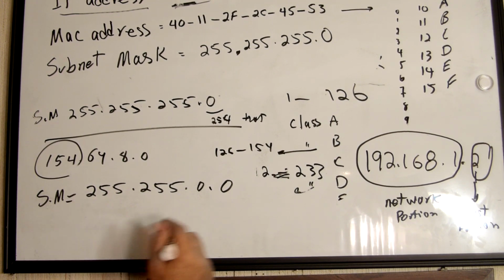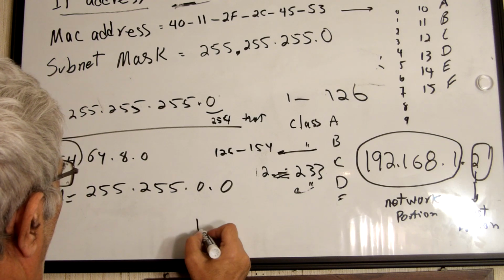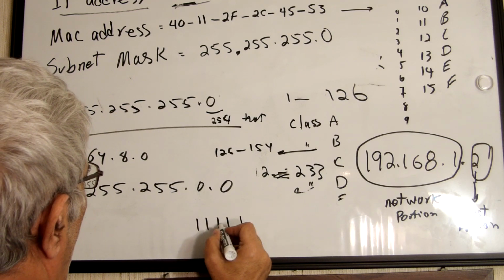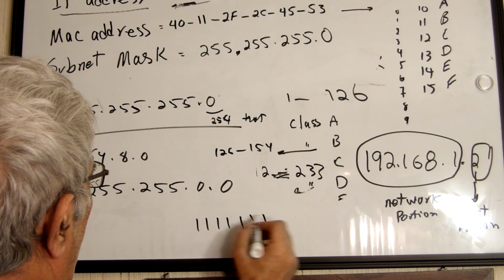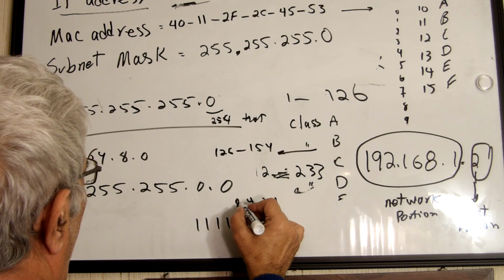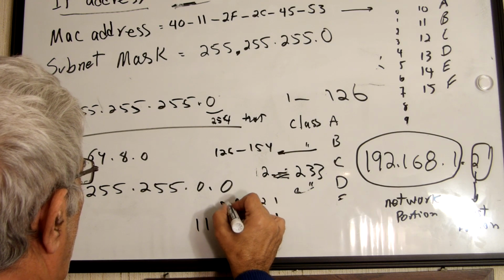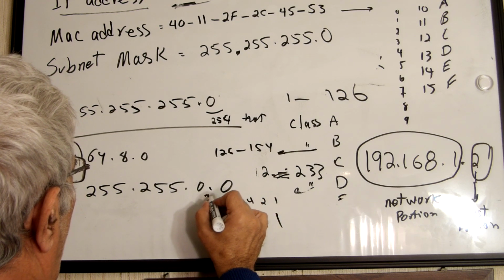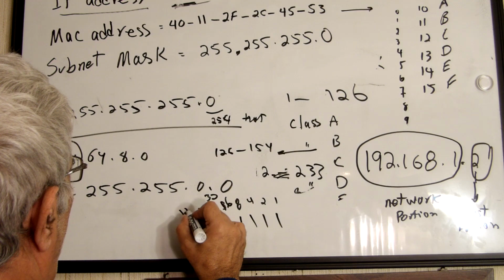This 255 is just 1 1 1 1 1 1 1 1, eight bits, where the values are 1, 2, 4, 8, 16, 32, 64, 128.